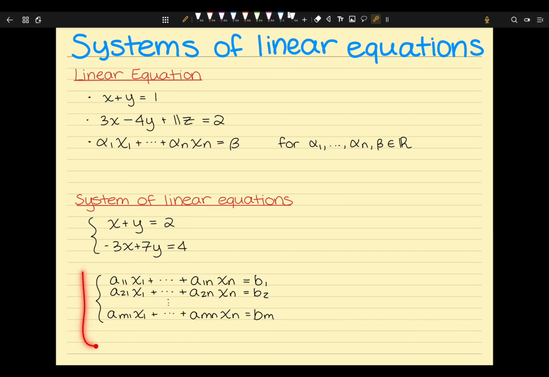In general, here's what a really big system of linear equations would look like. We have n variables, each variable has a constant, and there are m rows, so there's a lot of data to keep track of. Our goal is to take some really big system of linear equations and solve for these values here.